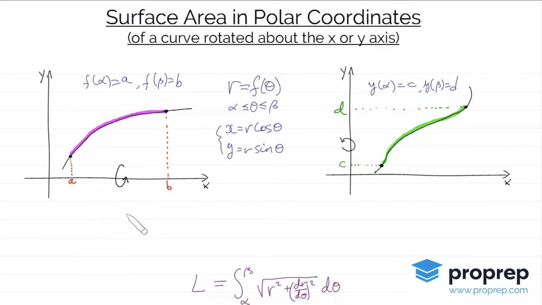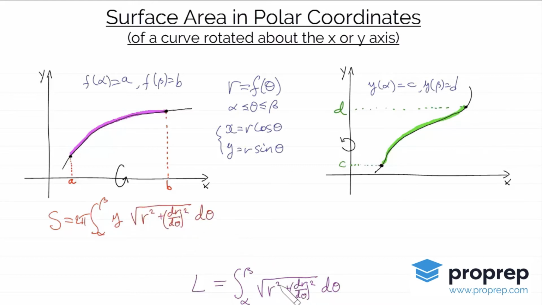About the x-axis, what we'll get is instead of L, we'll have an S. And what we'll have is the integral also from alpha to beta. We'll have a 2 pi in front, and in this case we'll have a y times the same thing as here. And I just copied this from here.